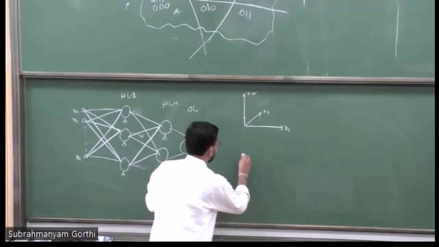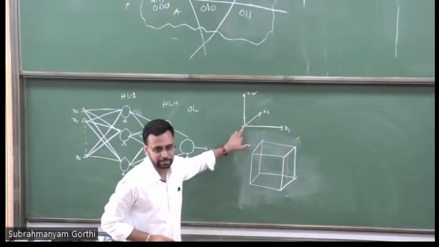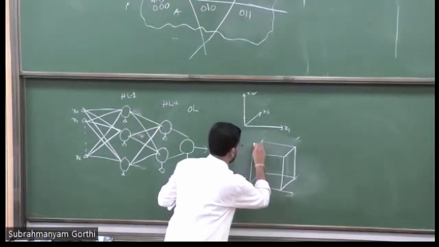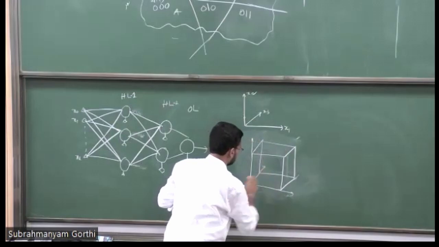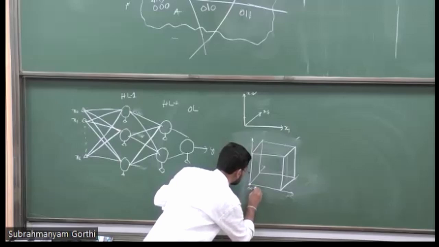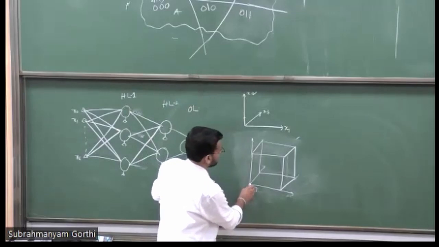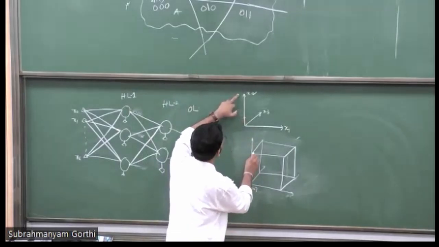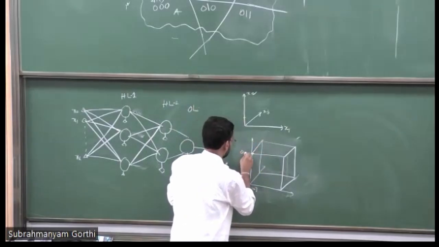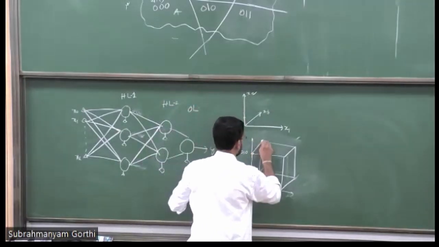Now if you look at where they get mapped to, consider this as my origin. Where does 0, 0 go? This is my origin, this is my direction. So 0, 0, 0 is here. Then 0, 1, 0: 0 along x1, 1 along x2, and it doesn't move along this direction. Then 0, 1, 1: from here I also go here.